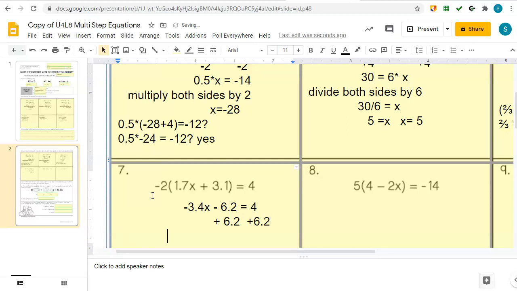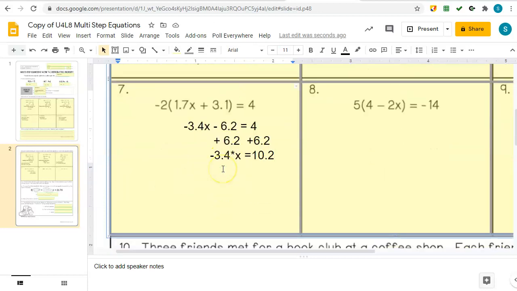So we get negative 3.4x equals 10.2. Okay, let's go ahead and divide.